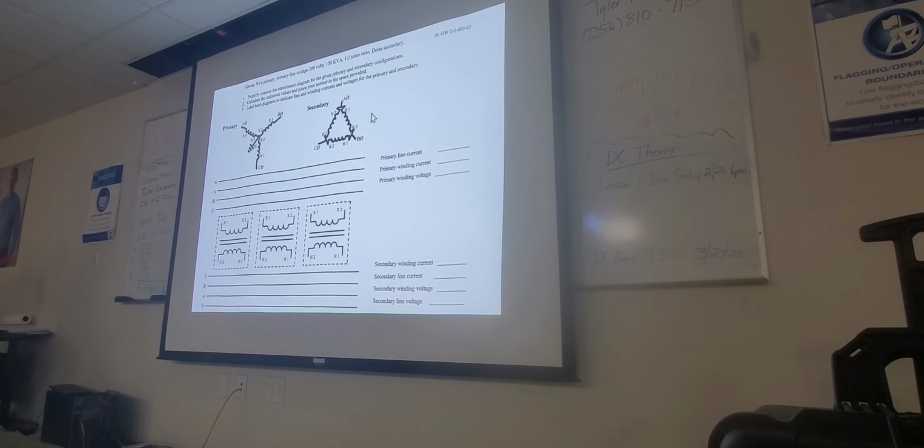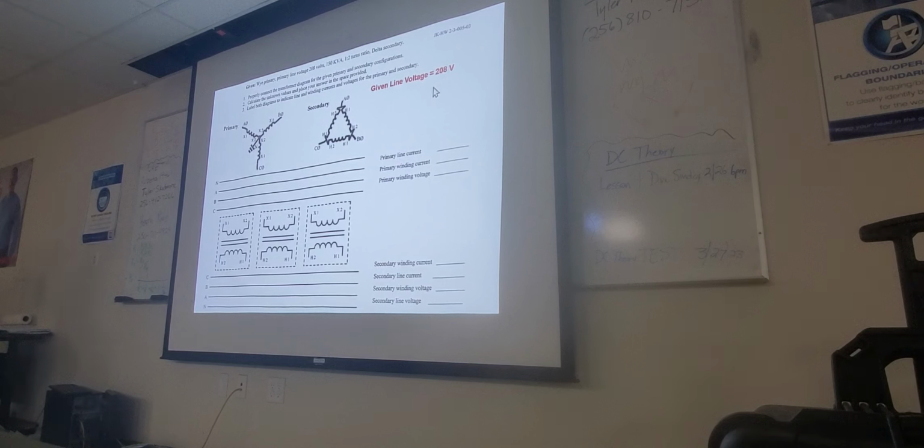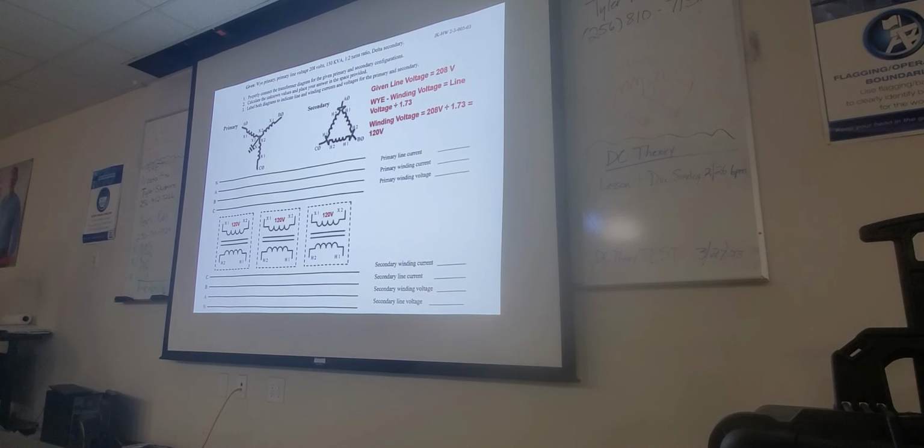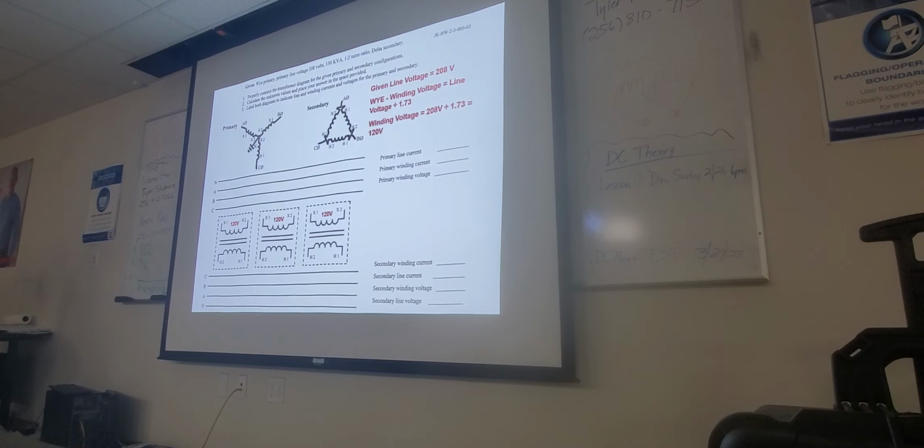So, line voltage given is 208. What is our primary winding voltage? In a Y configuration, 208 divided by 1.73, which is 120.